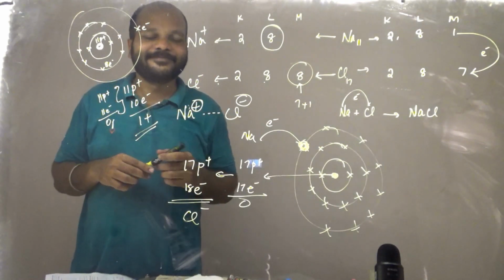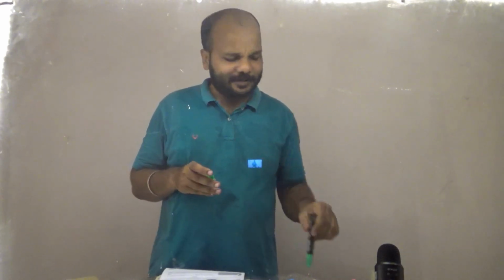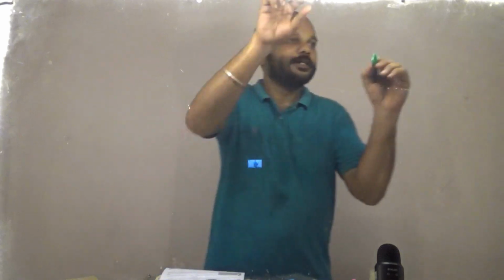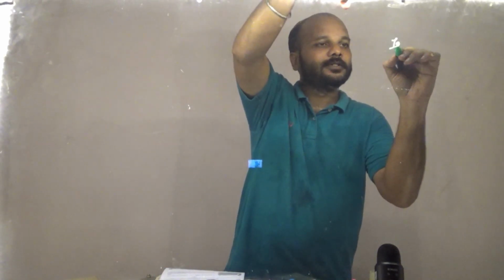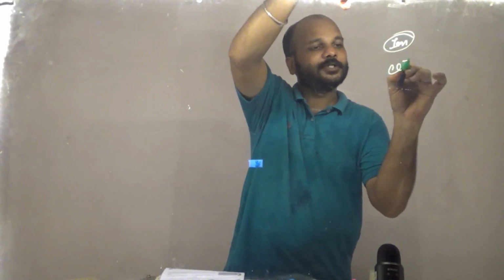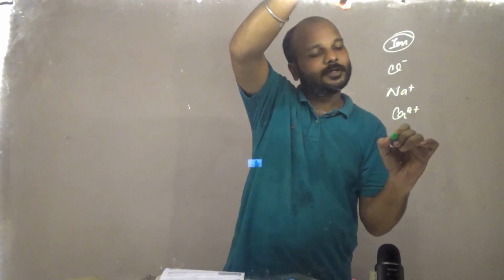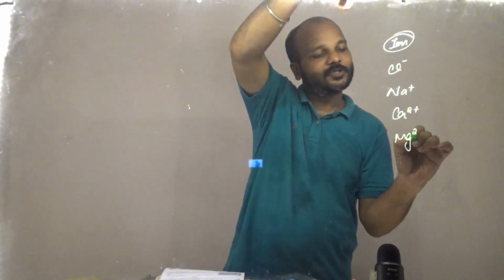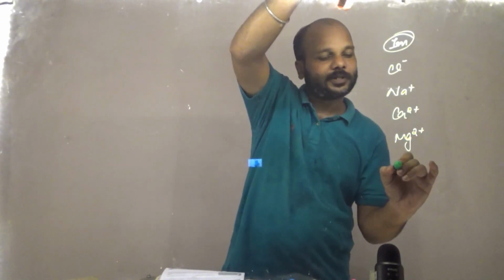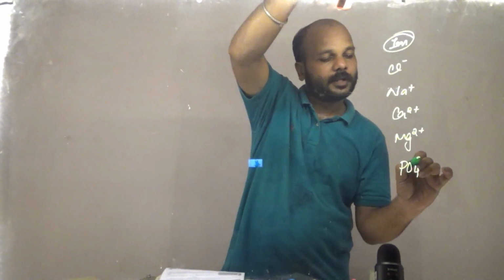Now let's see the meaning of ions. What is an ion? Cl minus is an ion, Na plus is an ion, Ca2 plus is an ion, and Mg2 plus is also an ion. Maybe you can say PO4 3 minus.